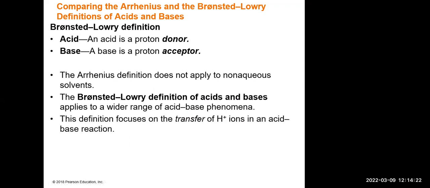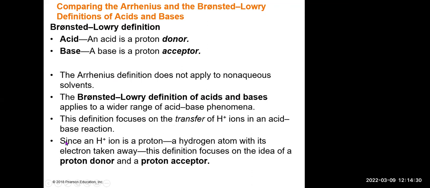This definition focuses on the transfer of proton, H plus ion, in an acid-base reaction. Since an H plus ion is a proton, a hydrogen atom with its electron taken away, that's a proton. This definition focuses on the idea of a proton donor and proton acceptor.